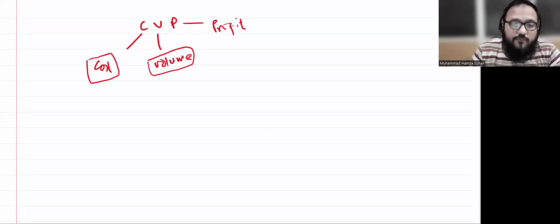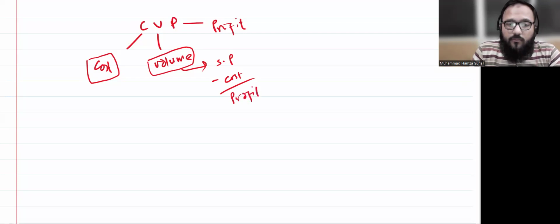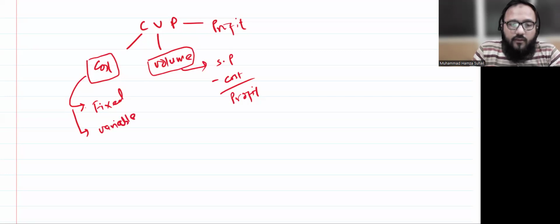And once this production volume is sold at any particular selling price, the difference between the selling price and the cost of that product gives us what we call profit. And there are different kinds of costs associated with production. Some of the costs are fixed in nature, and other costs are variable in nature. And in response to the change in the production volume, these costs show different kinds of behavior.